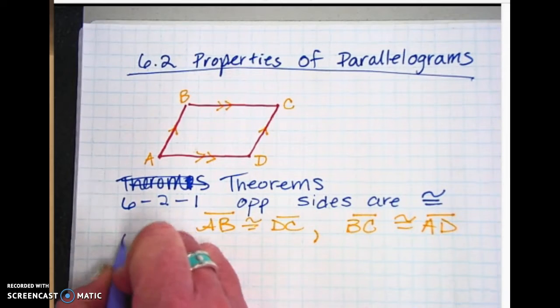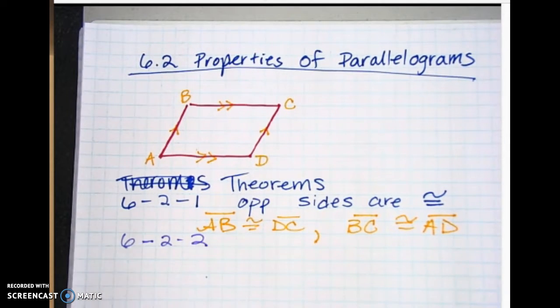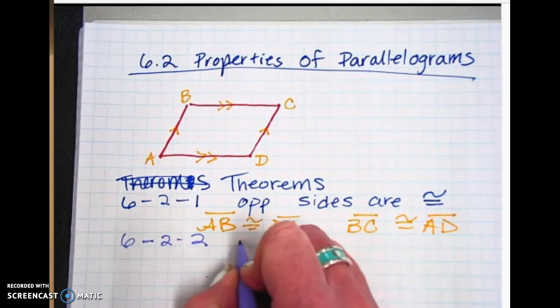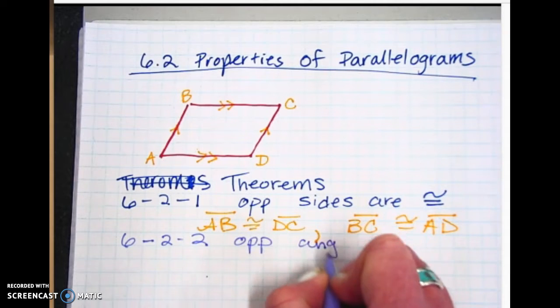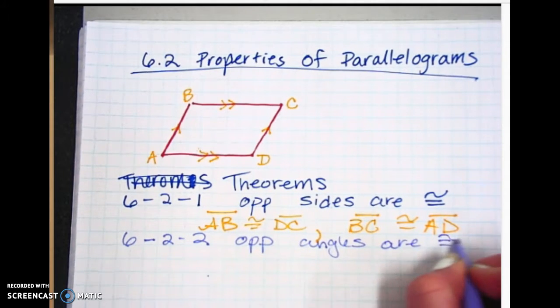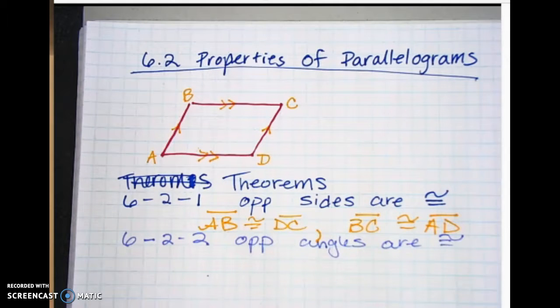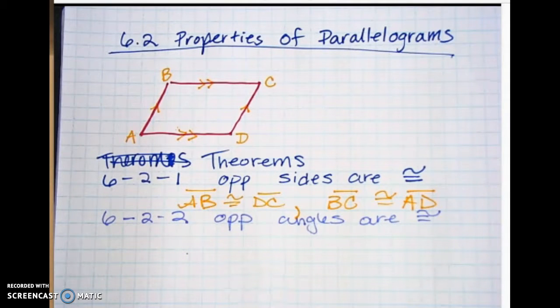The next theorem, chapter 6, section 2, second theorem, says that opposite angles are congruent. So how many pairs of opposite angles are you going to have? 2 pairs, right?